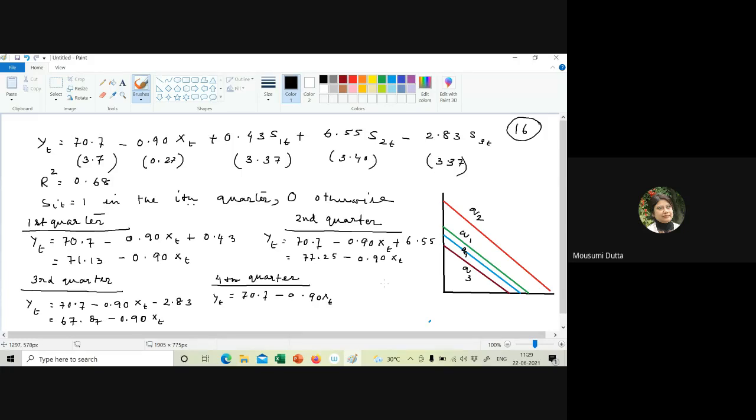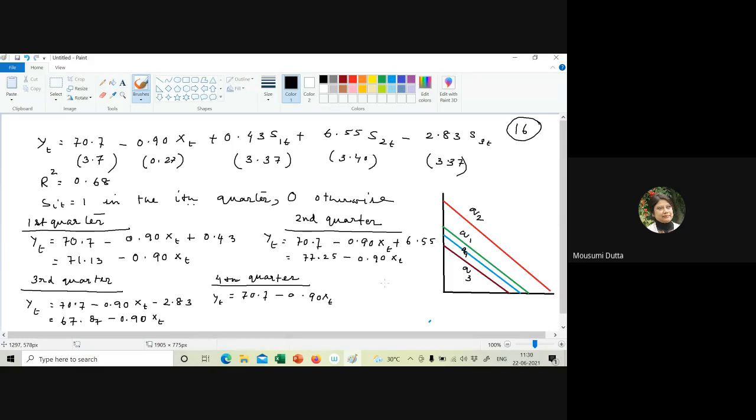However, if I bring one multiplicative dummy, or the dummy capturing the interaction, then also I hope you will be able to interpret in the same way. In that case, along with the changes in intercept, you need to check the changes in slope. So when the curve will be flatter, when the curve will be steeper, this thing also you need to add. Here the lines are parallel because the slopes are identical across the lines.